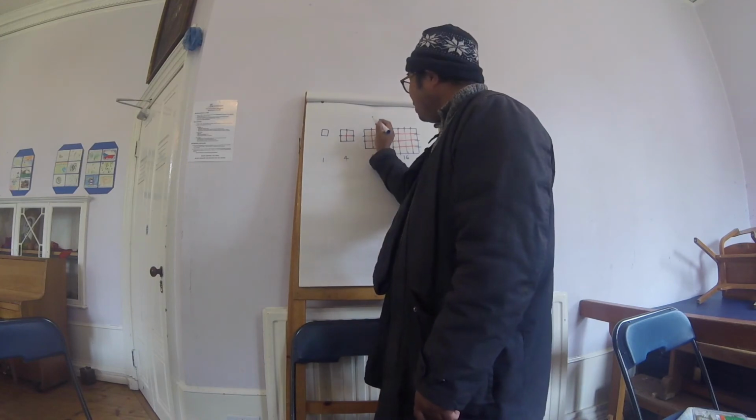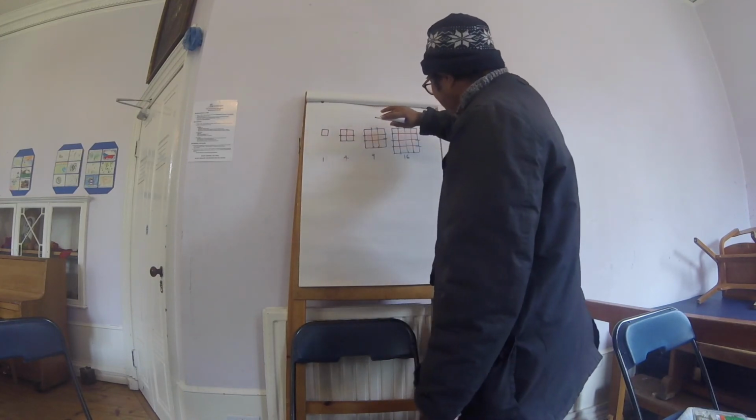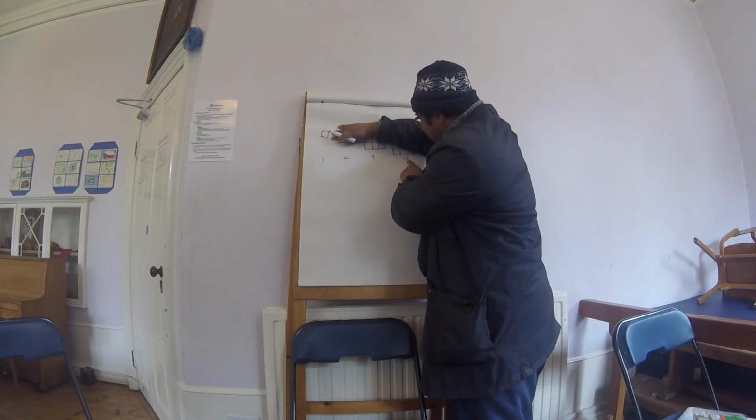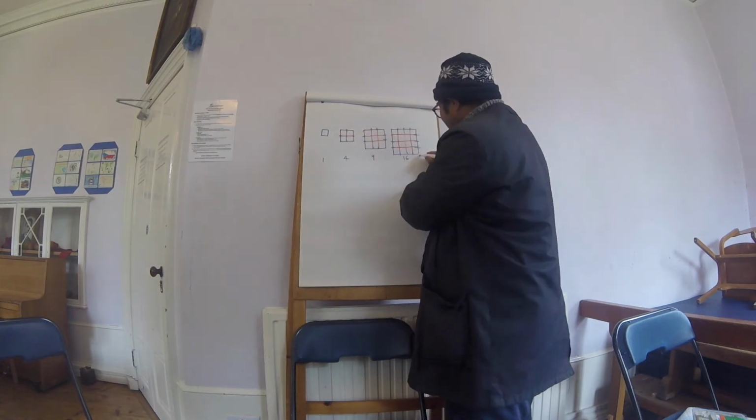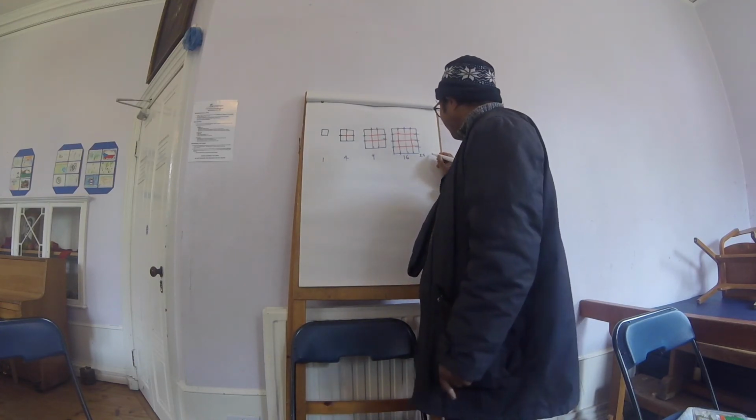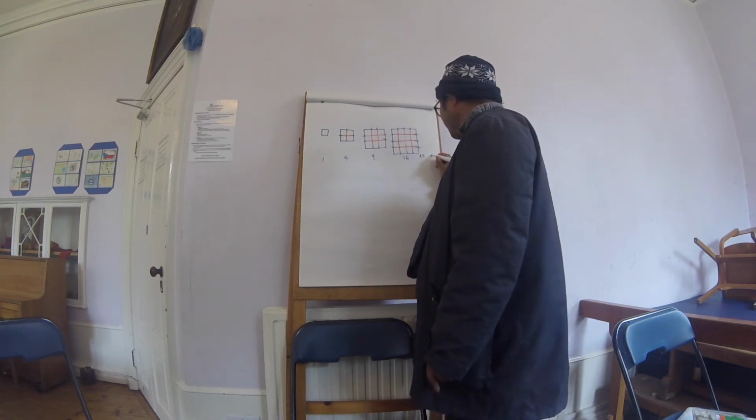So if you don't see this, pretend that you don't see this. 1, 4, 9, 16, and the next one was 25, and then the one that you mentioned, 36.